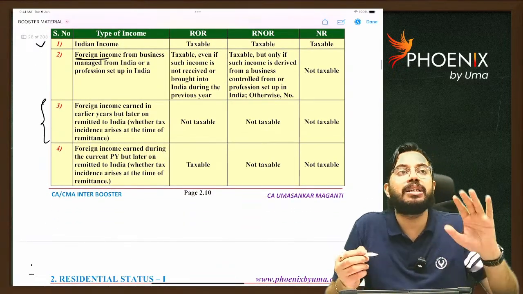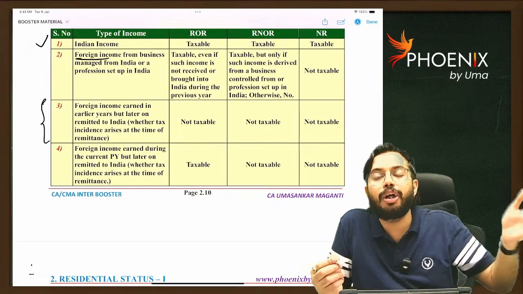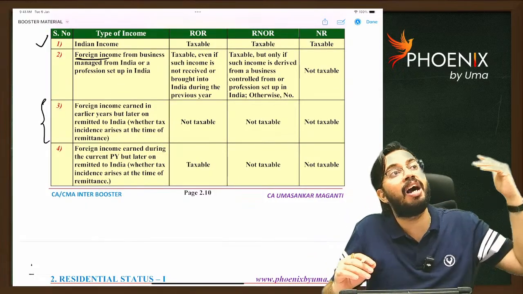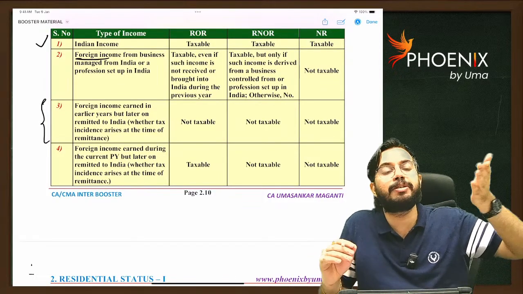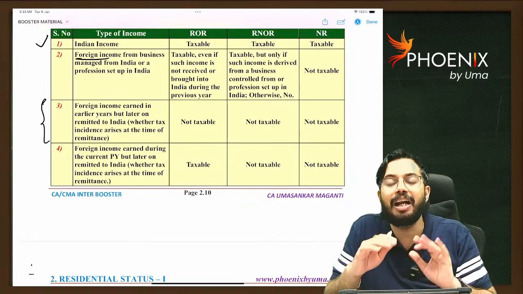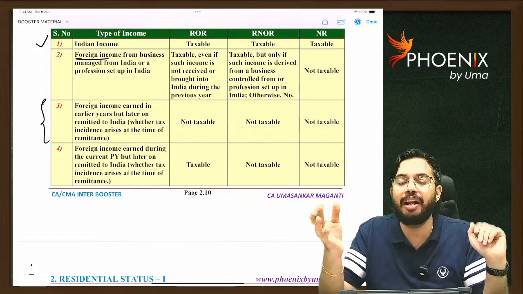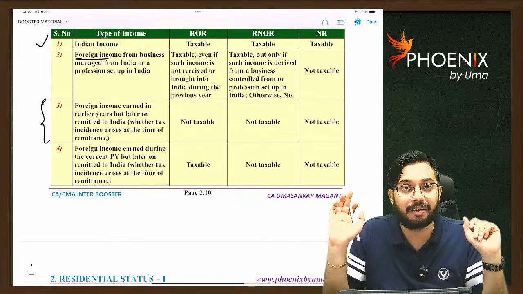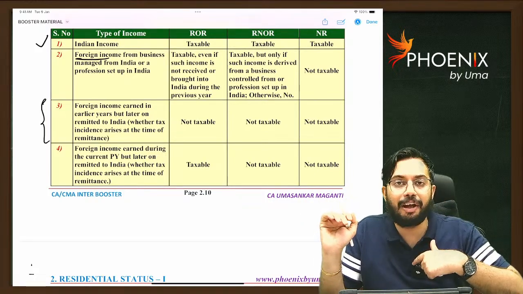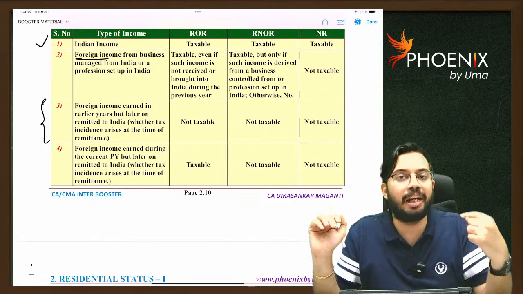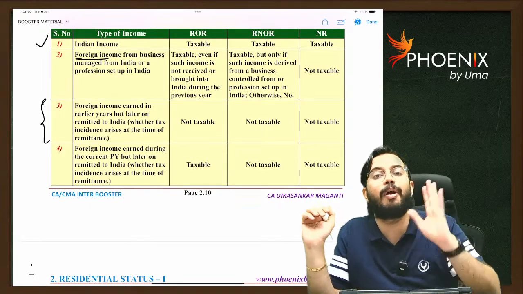See, past years' income earned in earlier years, if brought into India in the current previous year, is not at all taxable whether he is ROR, RNOR or non-resident. But in 24-25 only, I went to Australia, I earned Australian dollars, and I brought those dollars to India.